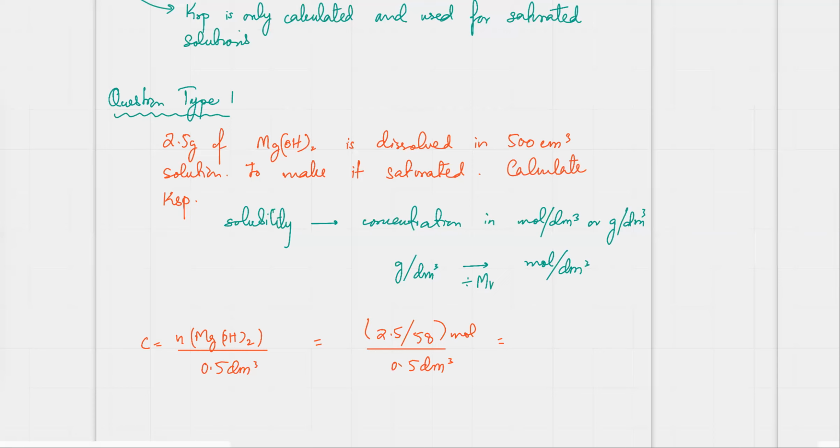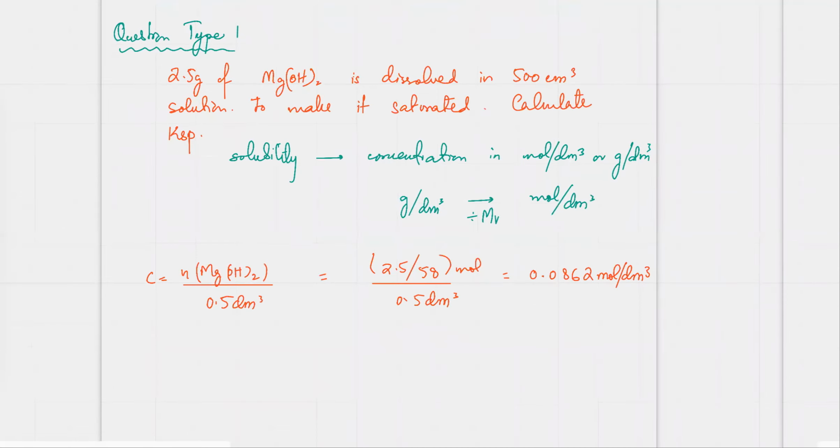Anyone, what do we get? 0.086. Okay, what's the third significant figure? 0.0862 mole per dm cube. So this is the amount of salt that actually dissolves, Mg(OH)2.